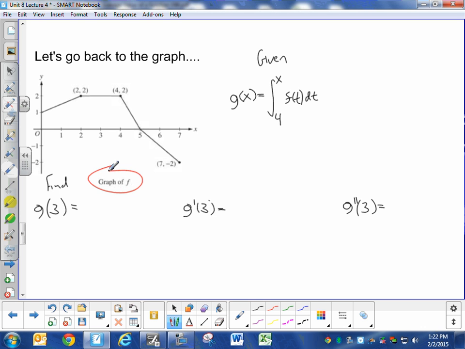Okay? So here's the first set of problems. G is equal to the integral from 4 to x of f. Find g of 3, g prime of 3, and g double prime of 3. Compare your answers with the neighbor.